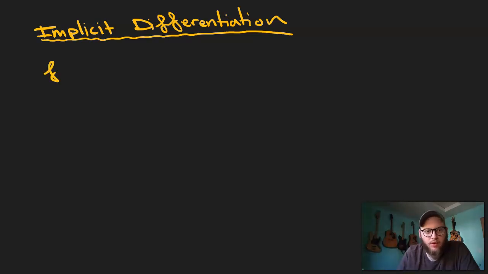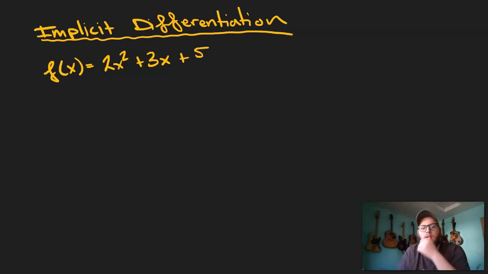So let's assume we have a function f of x equals, let's just say 2x squared plus 3x plus 5. Now, when we take the derivative of this, we notate it with a prime on the f. And now remember, we drop this power by 1, and we multiply the old power by the coefficient.